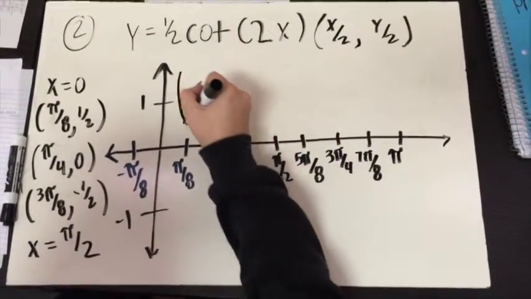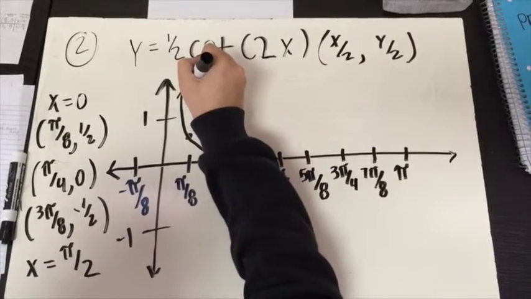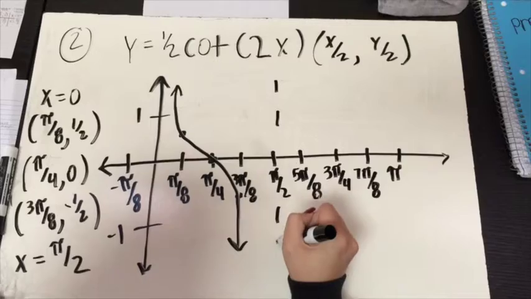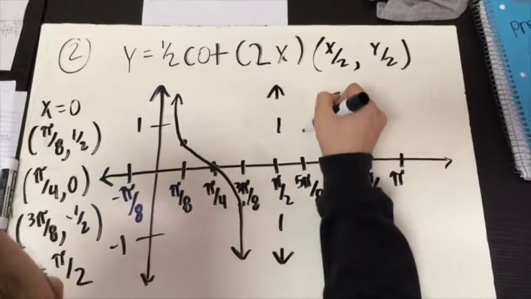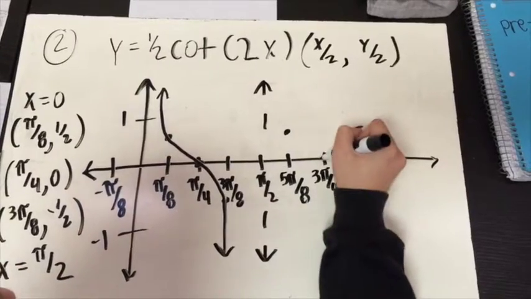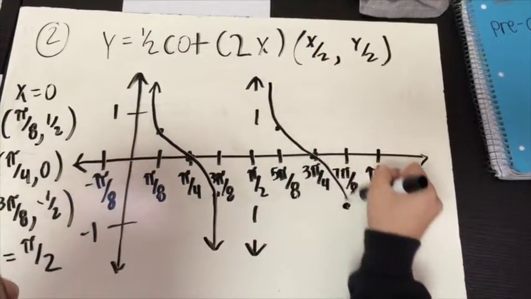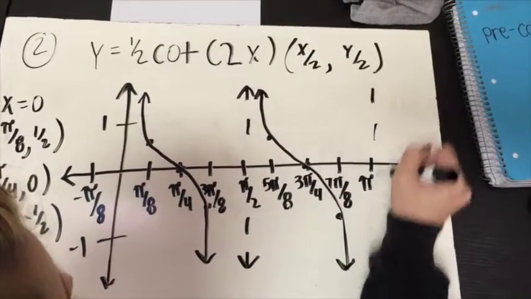And there's our first period. So there's a vertical asymptote at pi over 2, and then there's another vertical asymptote at pi.